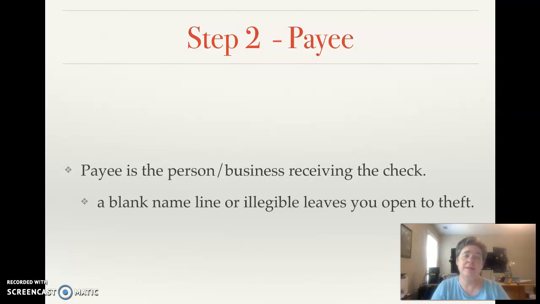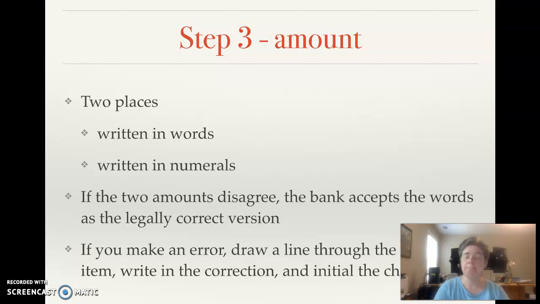Some places like doctor's offices and grocery stores will offer to print it for you, and usually that's fine, but you might want to double check it before you sign it. A blank name will leave you open to theft. You don't want somebody stealing that check from you and writing their own name in there or changing the amount, which we'll get to in just a minute. So you definitely want to fill in who the payee is.